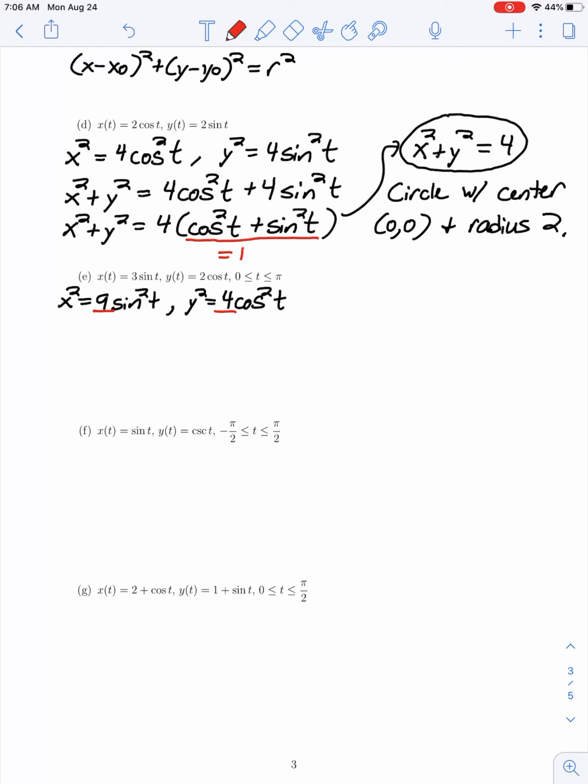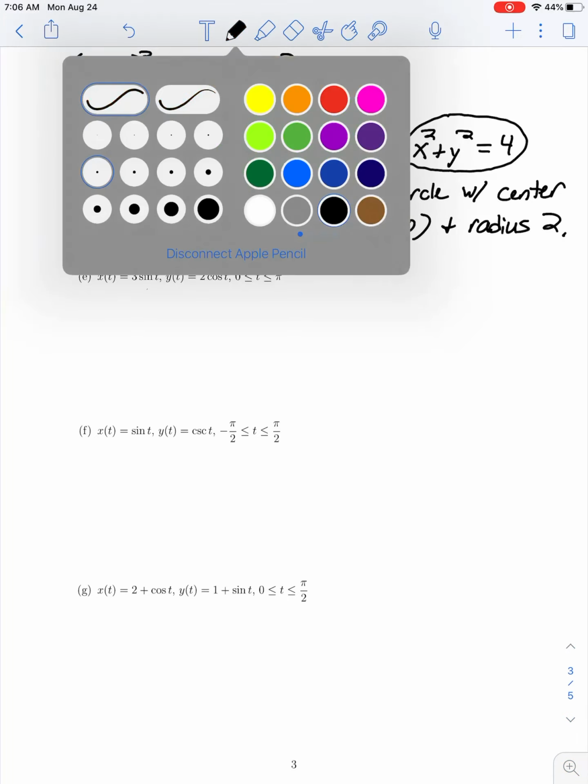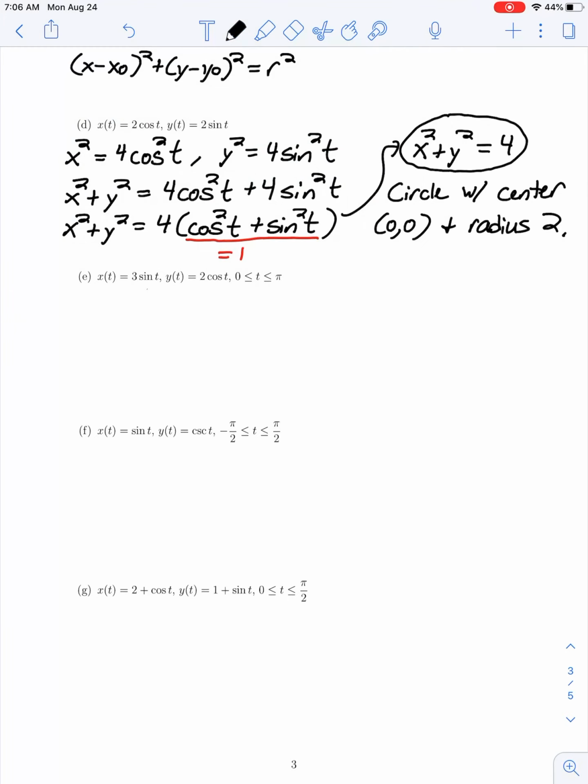Here the values are 9 and 4. So we can't factor out the same number to get just sine squared and cosine squared as we did in part D. So instead, let's make these coefficients the same by obtaining just sine or just cosine of t without a coefficient in front.